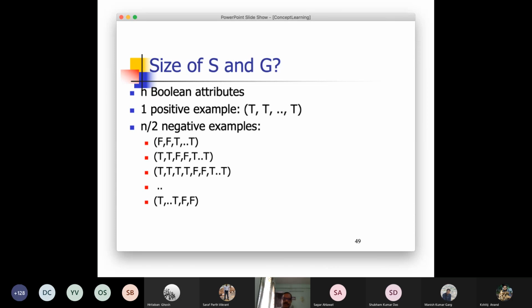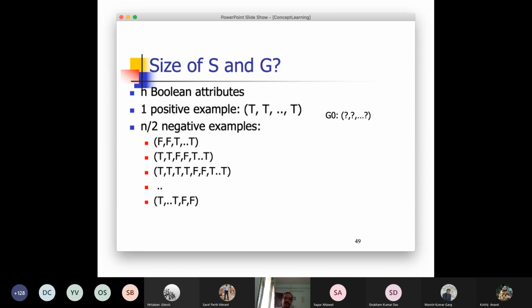Now you have the attributes, so this is a dimension. Each attribute is a binary valued attribute, either true or false. It could be of any dimension, say d dimensions. Suppose you have n dimensions, so there are n such attributes.